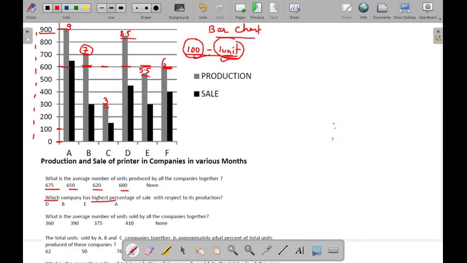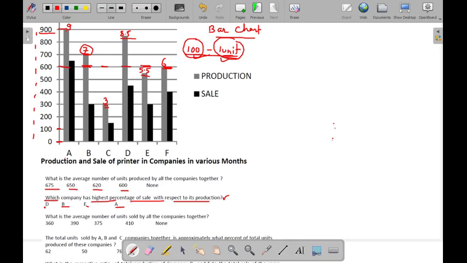percentage of sale with respect to its production. We have to find out which company, whether B, C, D, E or F, has the highest percentage of sale with respect to production.